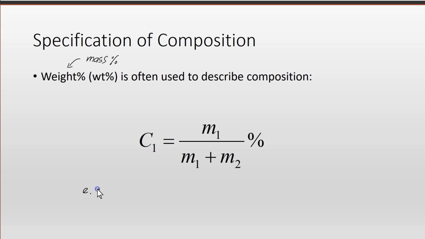So, for example, if we mixed 90 grams of copper with 10 grams of gold, this gives us a 10 weight percent. Oh, did I say gold? I wrote the symbol for silver. So this is 10 weight percent silver, copper silver alloy.